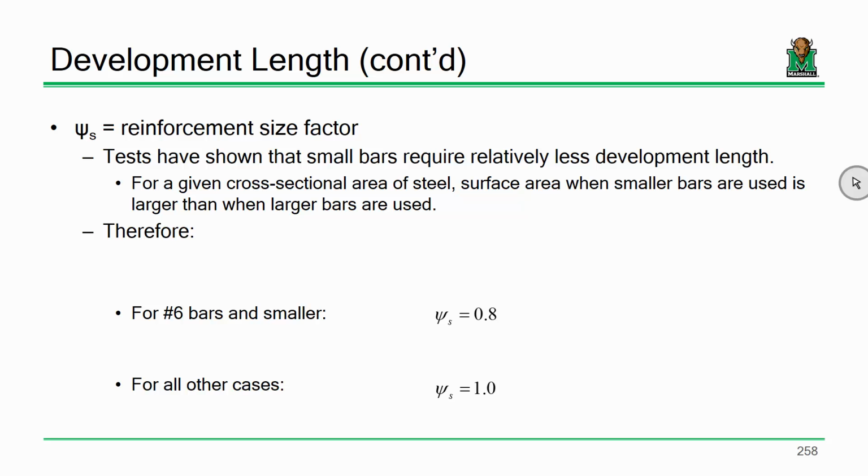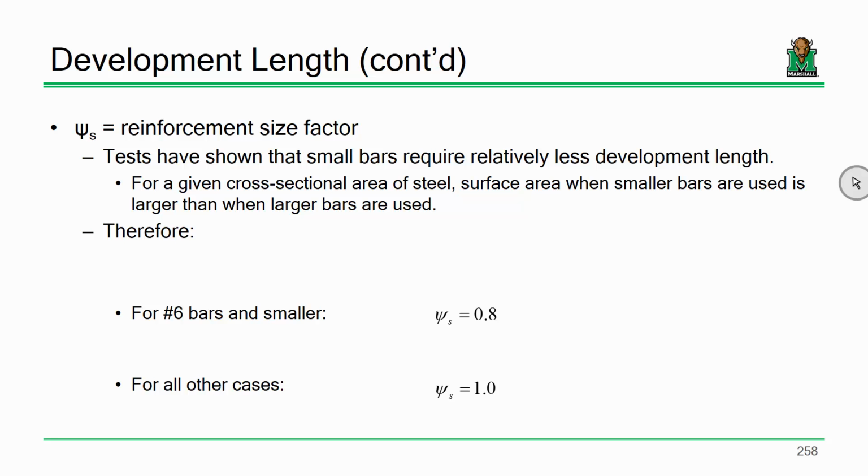Now, if you've got smaller bars, you need a lot more of them, so there's a lot more surface area for the concrete to grip. So the long and short of it is, if you have a bunch of really small bars that you're using to achieve your capacity, you actually get a benefit on your development length. Your psi value gets smaller than 1.